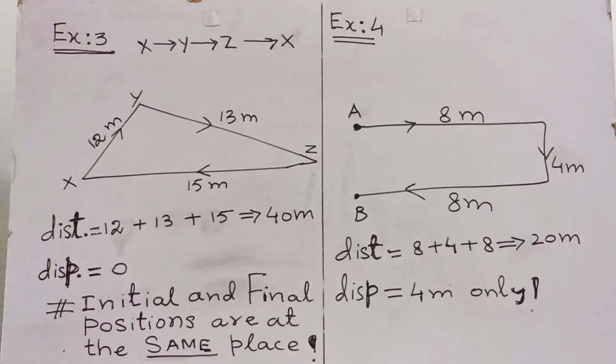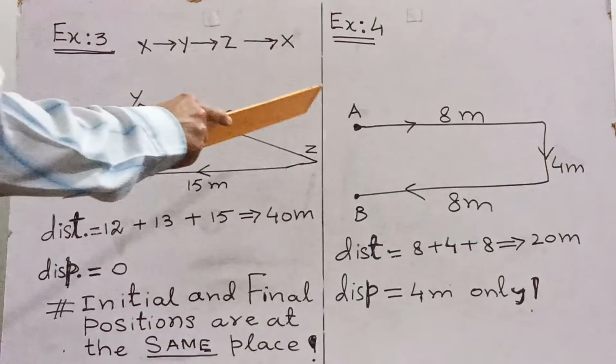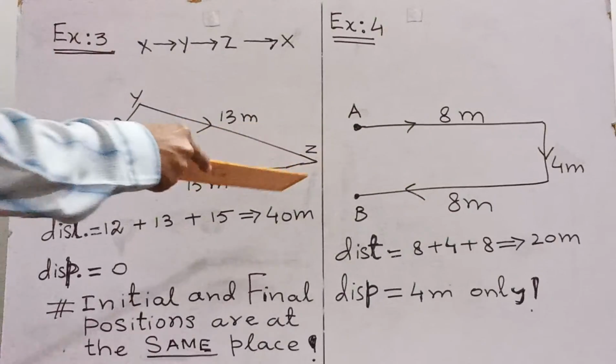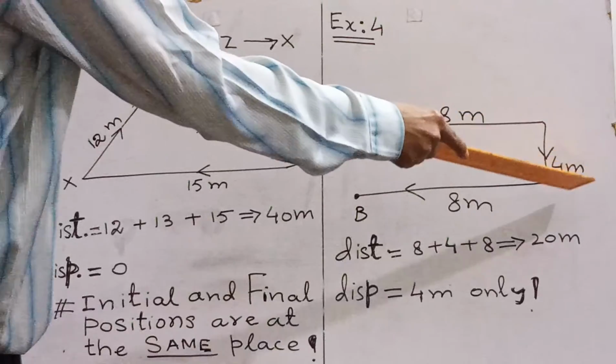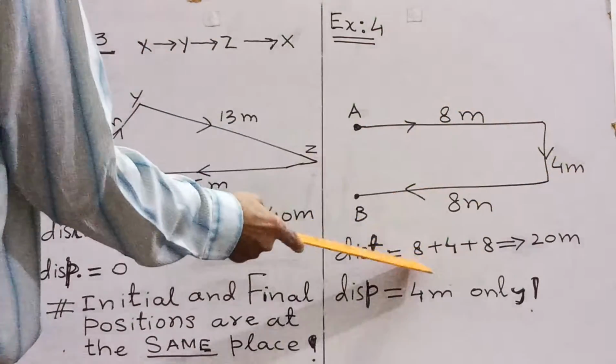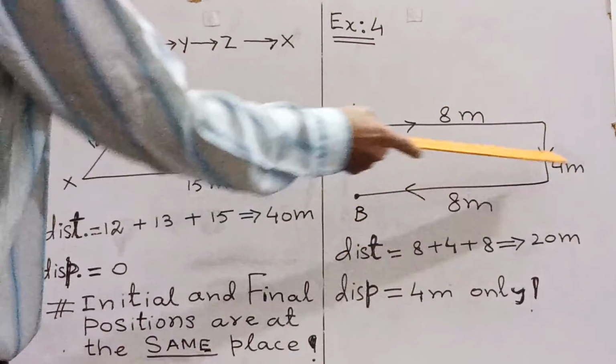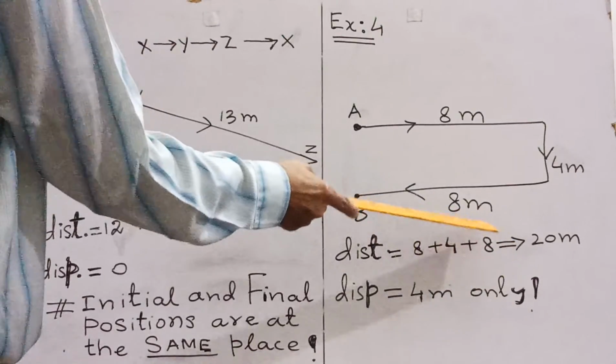So for the distance, just remember the definition of distance. According to the definition, distance covered is defined as the total length of the path covered. So the total length of the path covered is 8 plus 4 plus 8. 8, this 8, 4, this 4, and 8, this 8.